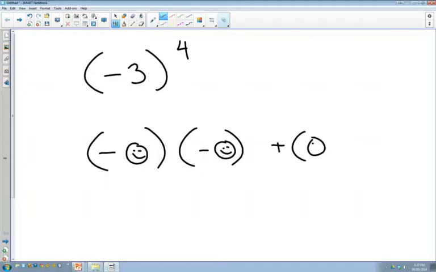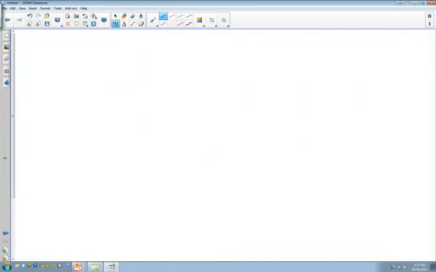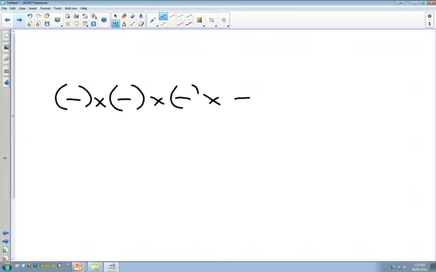Let's just say happy face again, or sad face, doesn't matter. Right? We know 3 times 3 is 9. But think about what we're doing here again. We're taking a negative times a negative, but we're doing this 4 times. Times a negative, times a negative. A negative times a negative times a negative times a negative. So think about what's going to happen here.